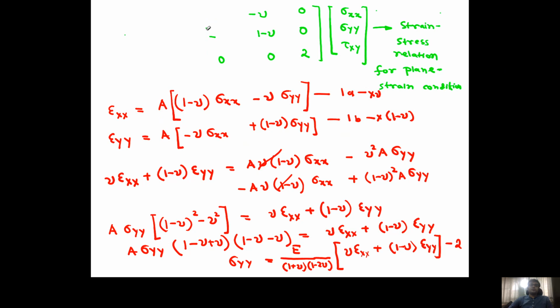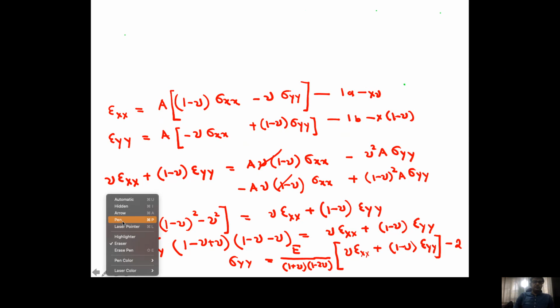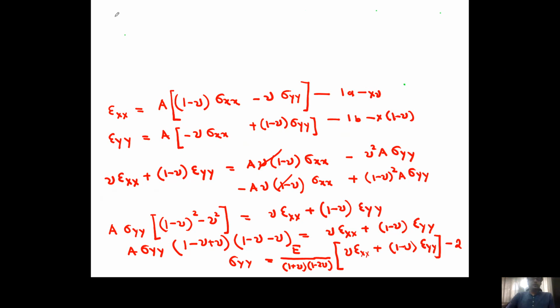Then what I will do is, from similarity, write down sigma xx in terms of epsilon, and then we'll try to write the stiffness matrix, that is the stress strain relation, where stress is represented in terms of strain. I think this much space should be enough. If needed, I can delete later. So what is sigma xx?